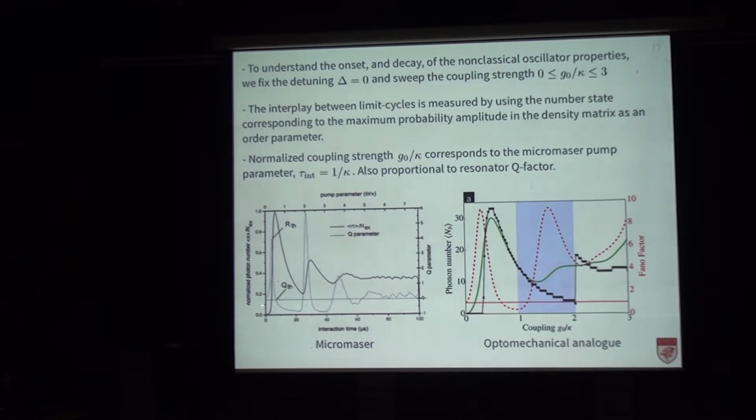And you can also see a similar thing for this Fano factor here, my dashed line also does a similar kind of behavior. And this shaded region tells you where the mechanical degree of freedom has the most non-classical states. It's in this region. But you can see that these patterns are essentially identical. And this confirms the idea that this system does the same dynamics.